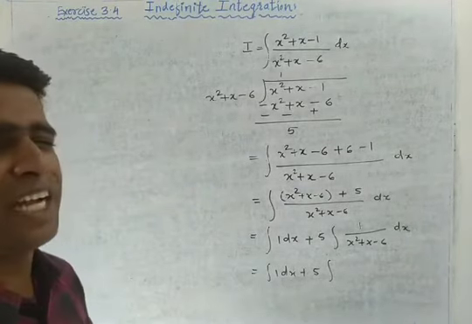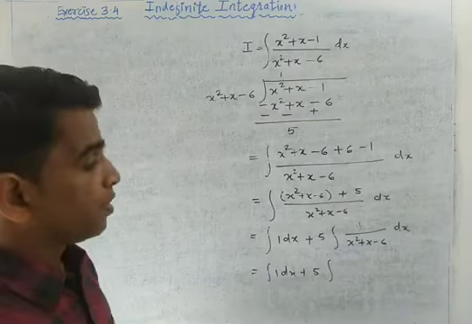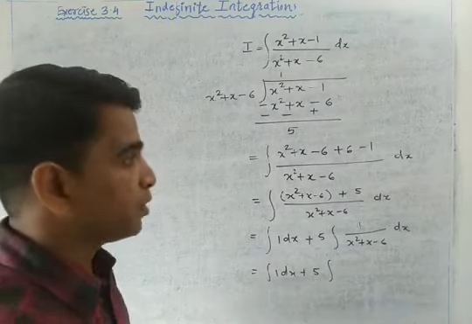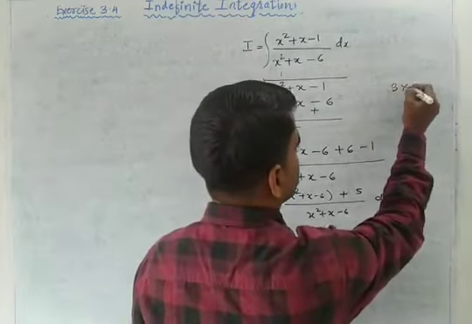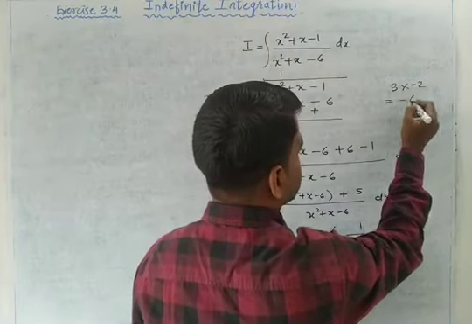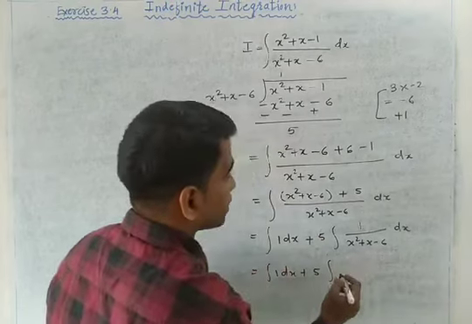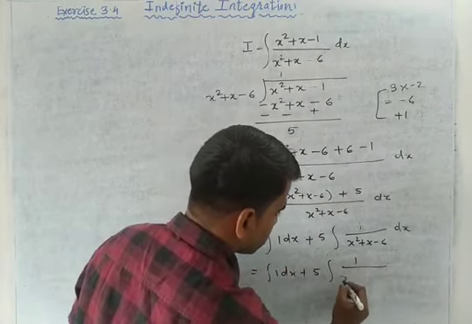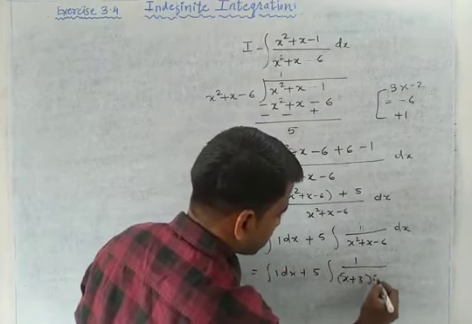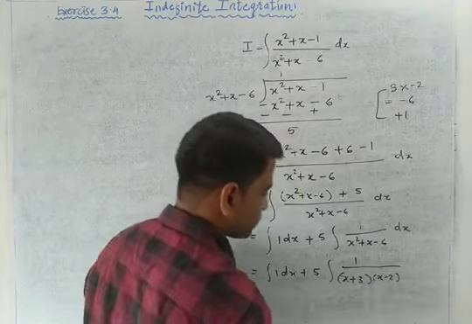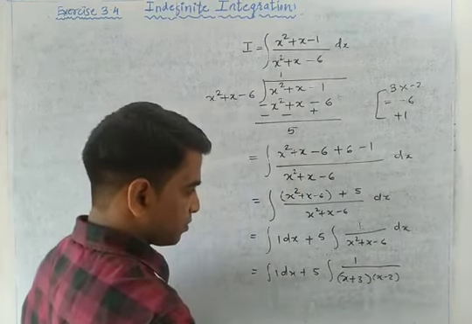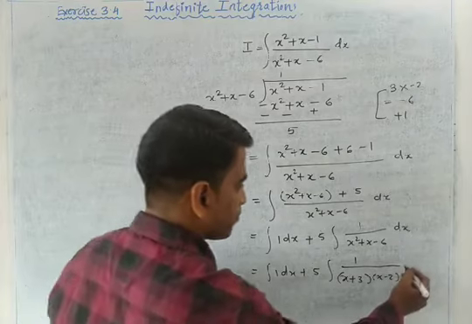We'll use 3 and 2. If we use 3 and 2, multiplication of minus 3 plus 2, so 3 into minus 2, result is minus 6 and addition is plus 1. Get it? So factors are 1 upon x plus 3, x minus 2, dx.